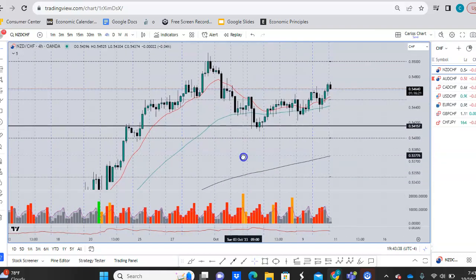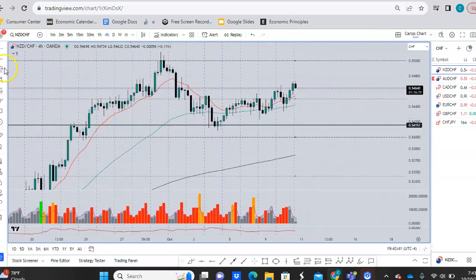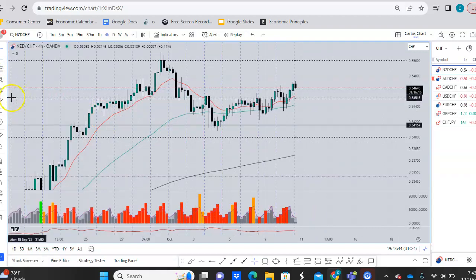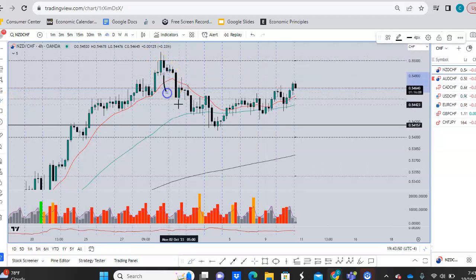We can see the pullback coming in. So obviously you can see leg one, leg two, and even a leg three.